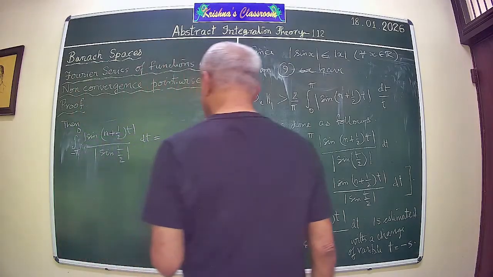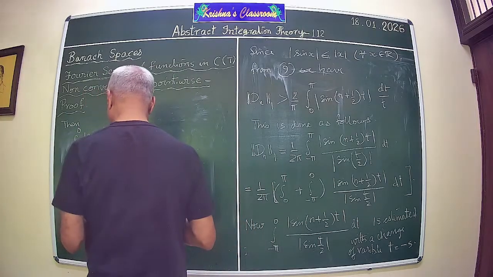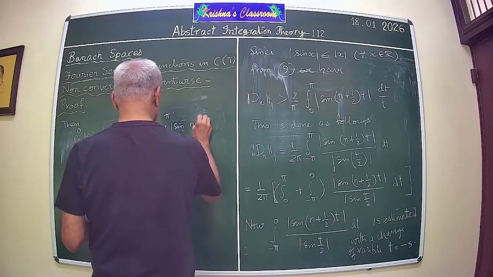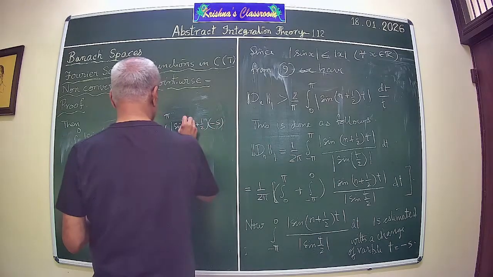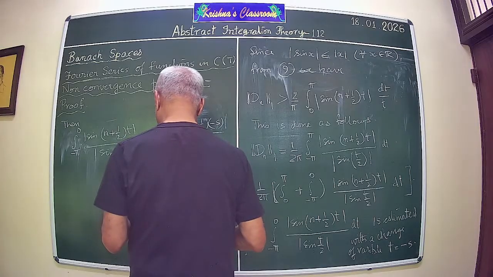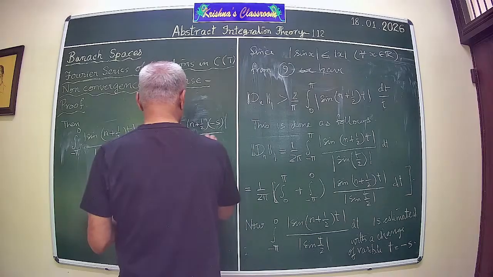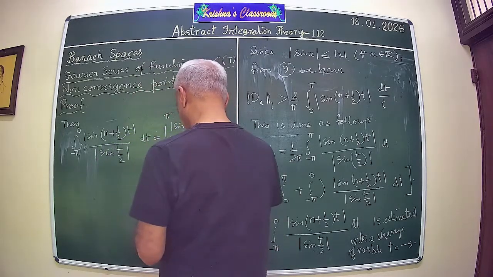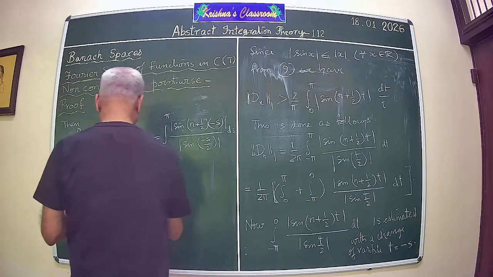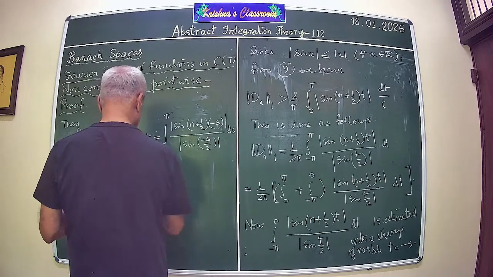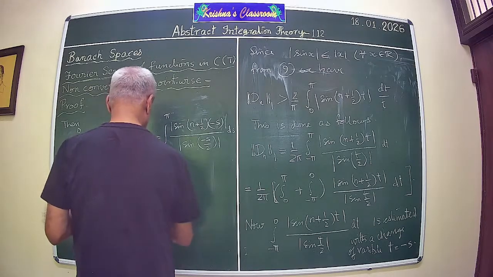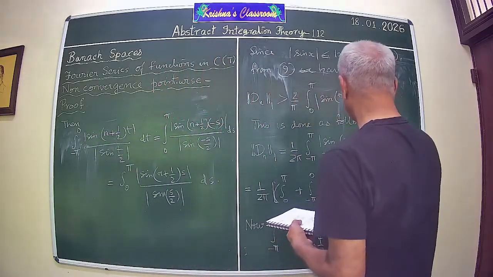This is equal to 0 to pi divided by this by 2 ts, and this turns out to be integral 0 to pi ds.